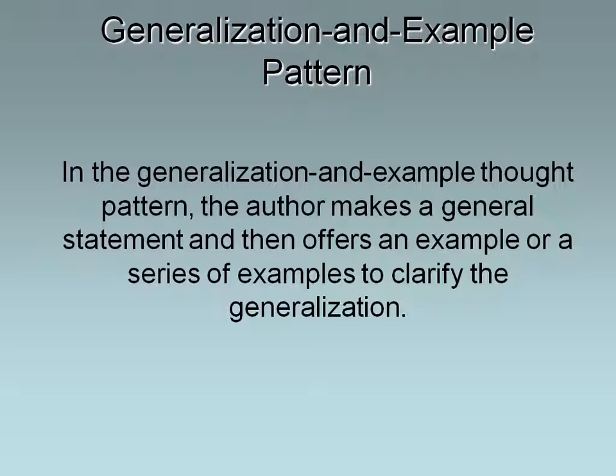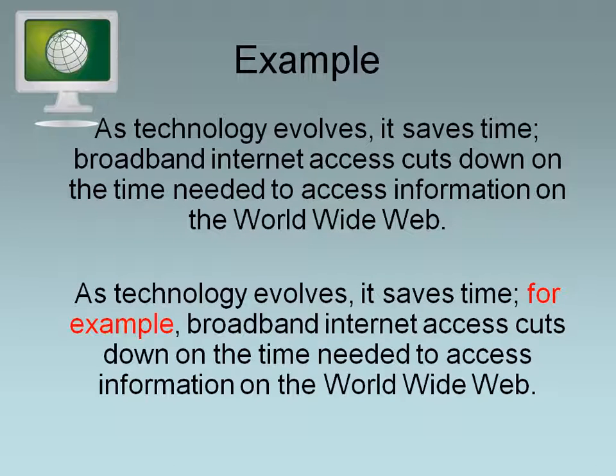The generalization and example pattern. In the generalization and example pattern, the author makes a clear statement and then offers an example. Read the sentence about technology and the internet.